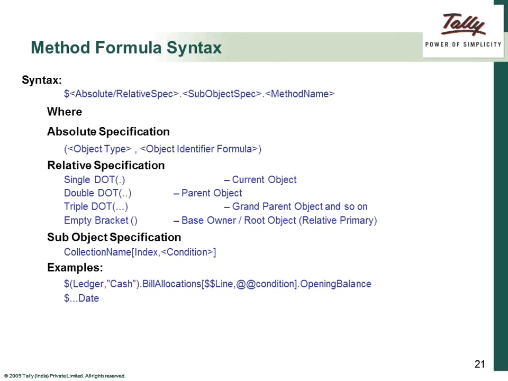I need the opening balance from the bill allocations, the first bill allocation which exists in the primary object called ledger, and its name is cash. This is how we read it.